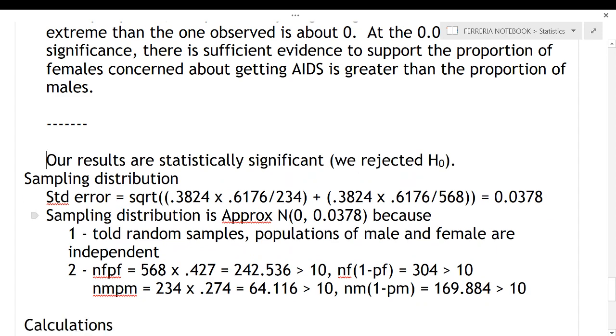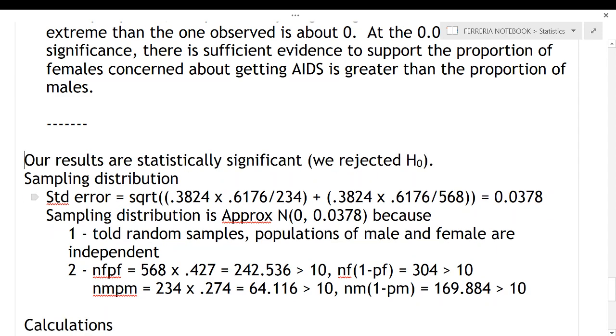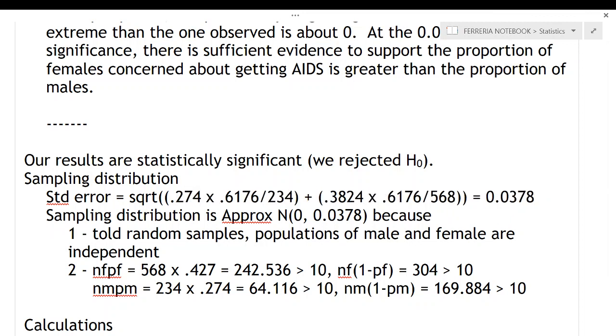So our sampling distribution standard error is going to be equal to, now instead of using PC, the actual measurements, which were 274 and 726, and over here 42.7, which means this is now 573.